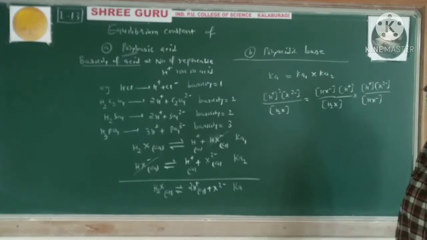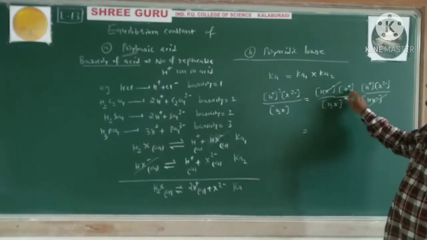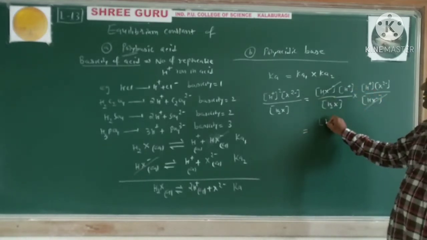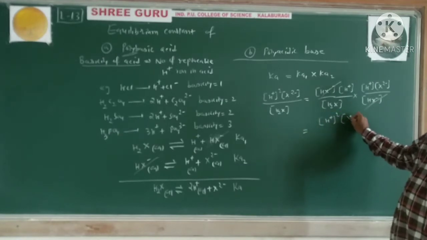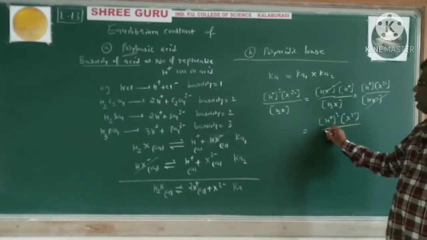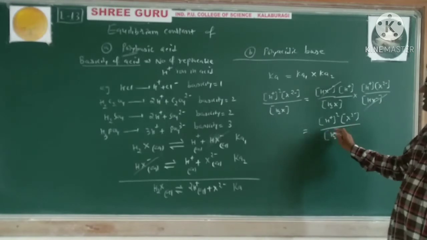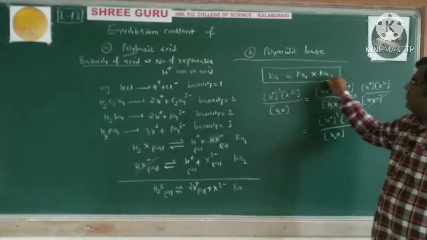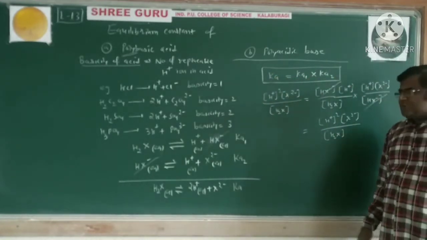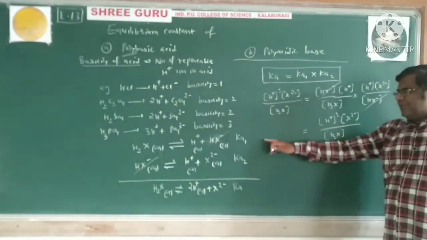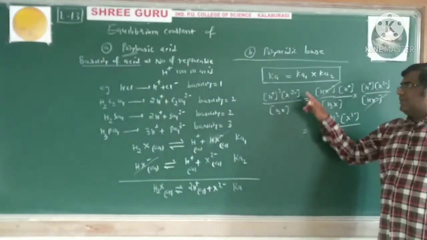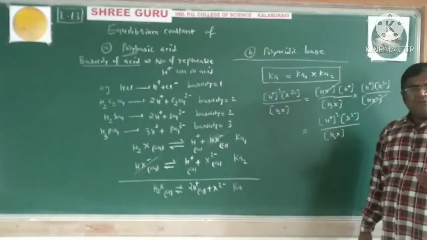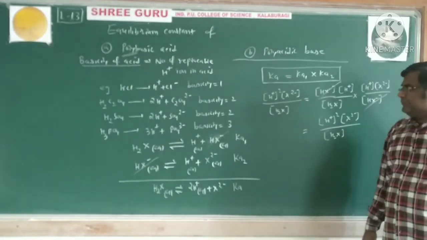Then this HX negative we can cancel, and H plus becomes H plus square, X2 negative divided by H2X, which is the same as here. So we can say K equals K1 into K2, because we have just added, and when two reactions are added, the equilibrium constants are multiplied. This we have seen long back in chemical equilibrium.